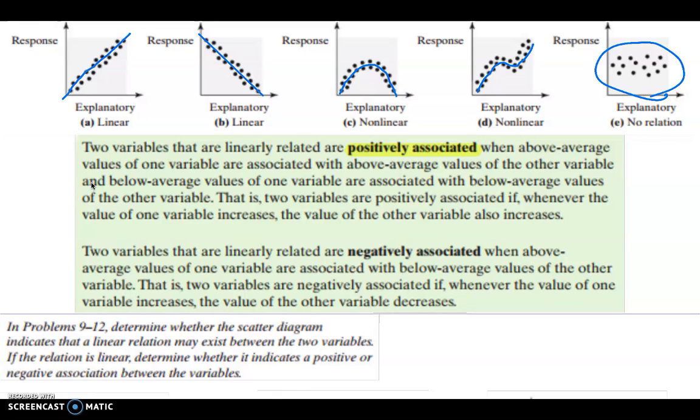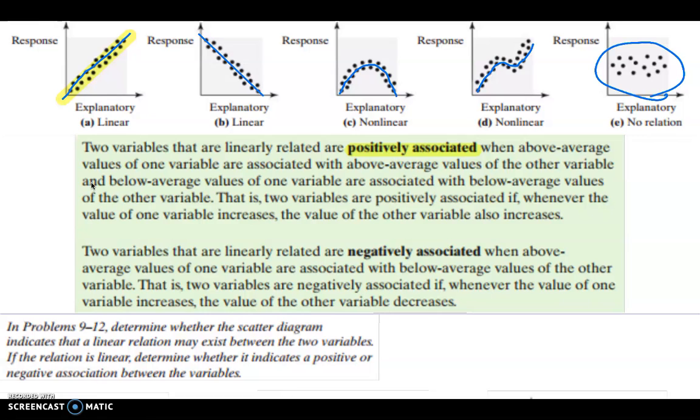In other words, if you draw the trend line, it would have a positive slope. So the greater the explanatory variable, the greater the response variable. The lower the explanatory, the lower the response.